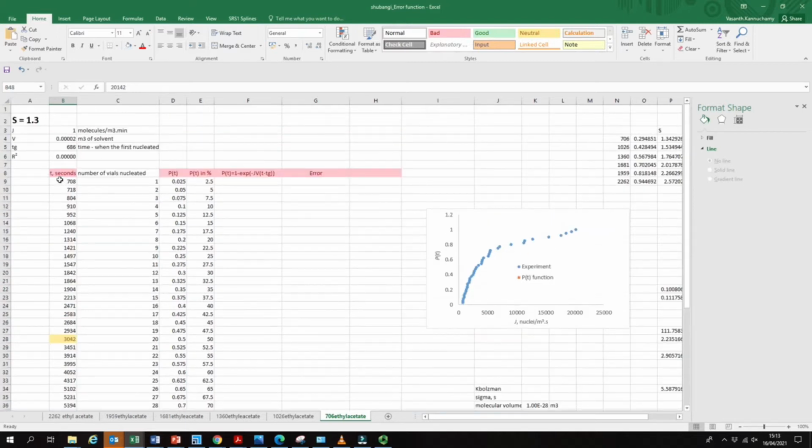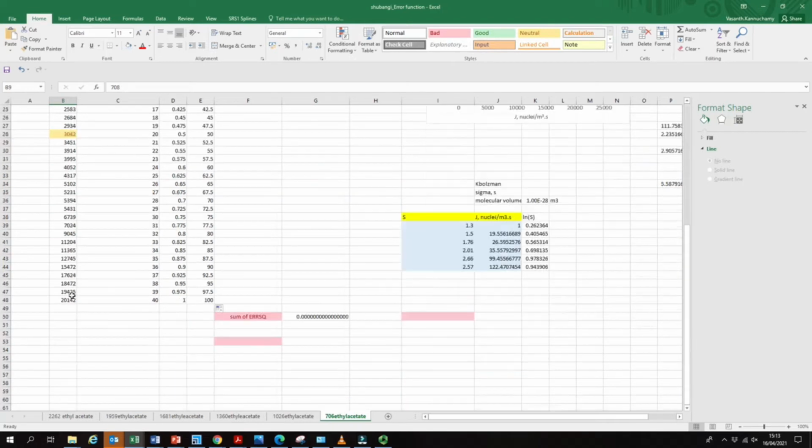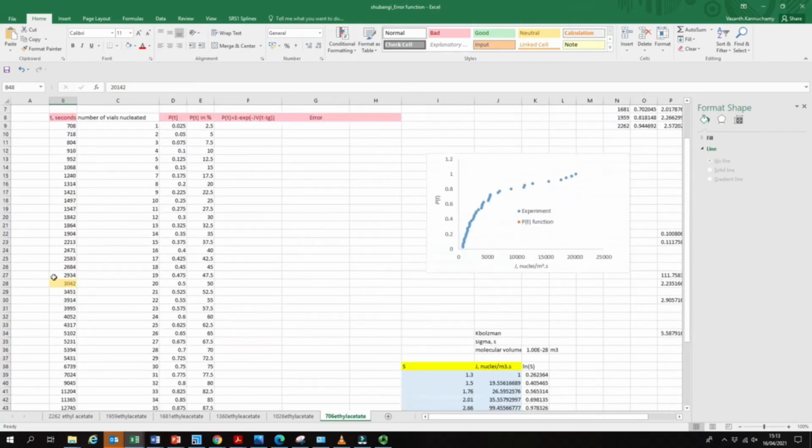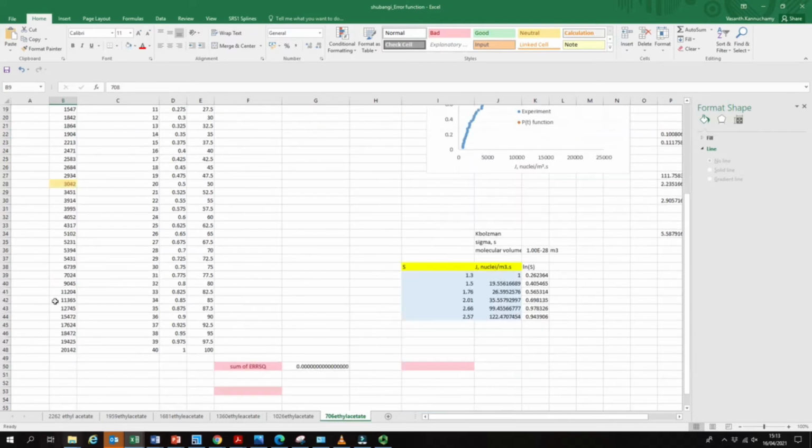In other words, the nucleation can occur somewhere between this time interval, from 708 seconds to 20142 seconds. So that's the meaning of that.